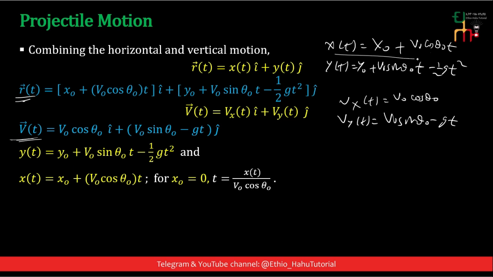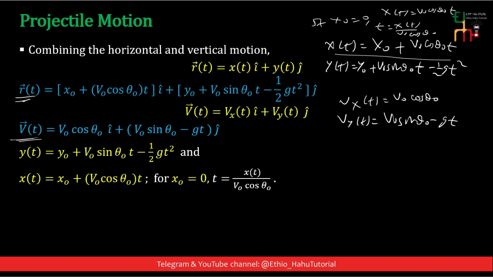From this expression, if x naught is equal to 0, x of t is equal to simply v naught cos theta naught times t, and solving for t, t is equal to x of t divided by v naught cos theta naught.